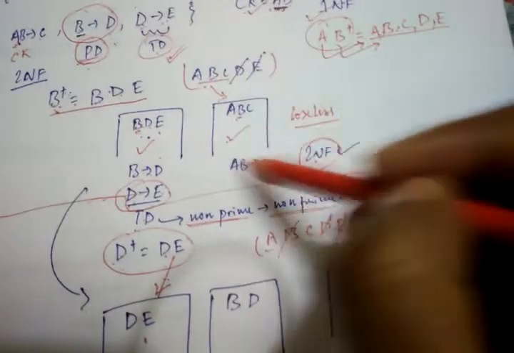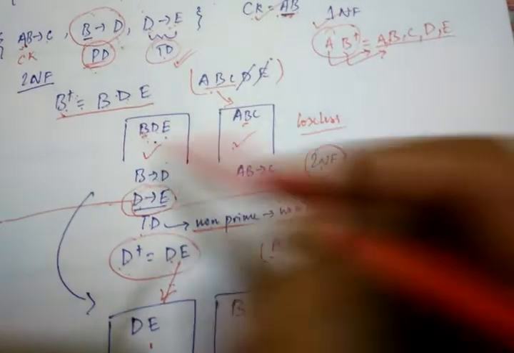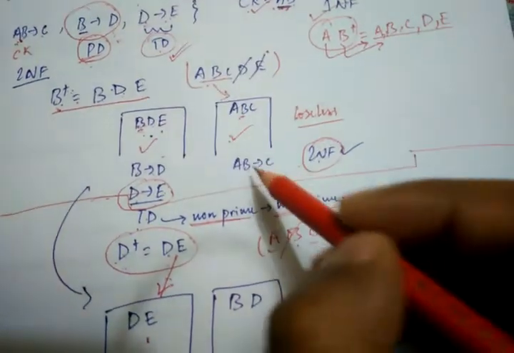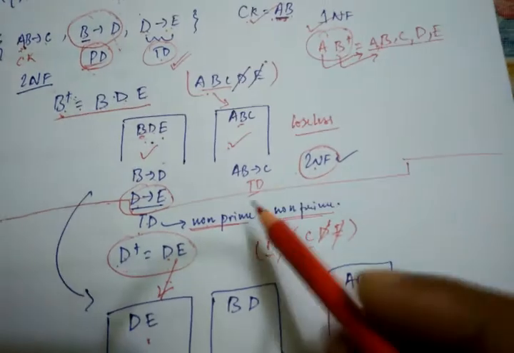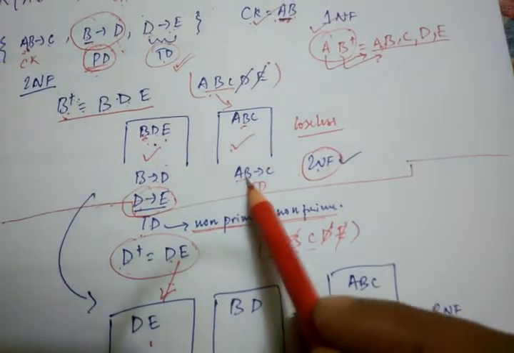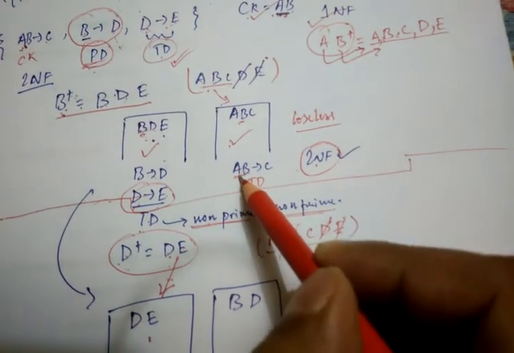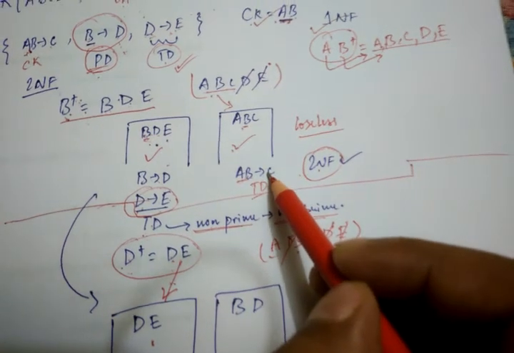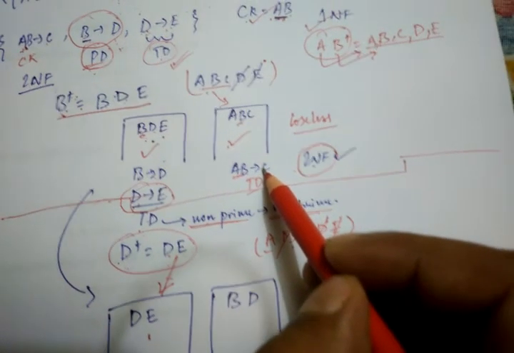But as you can see here, this table does not change. Why? Because we don't have any transitive dependency here. AB is a candidate key, and this candidate key is determining a non-prime attribute.